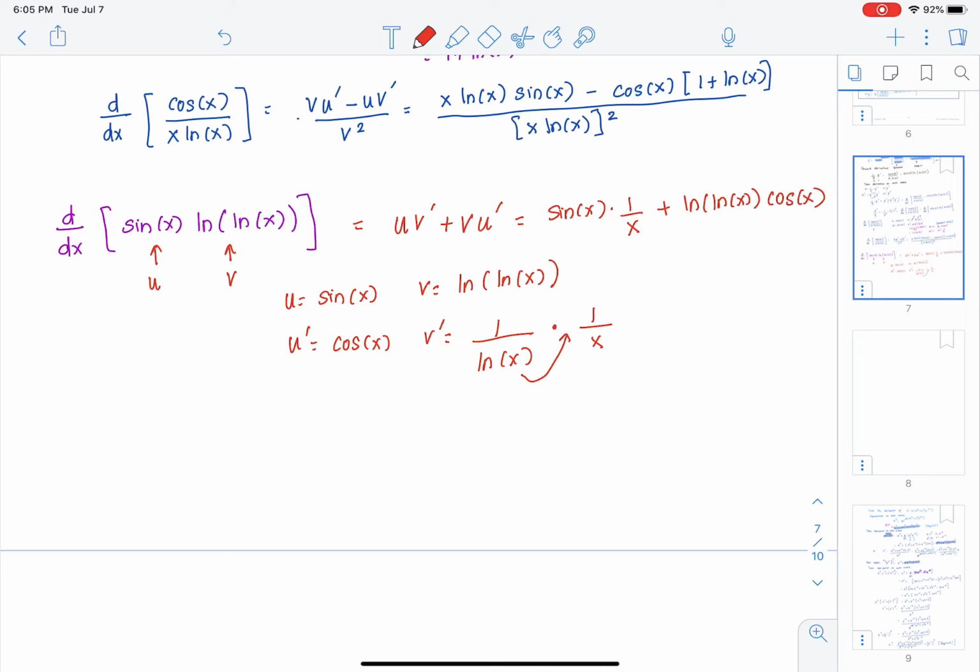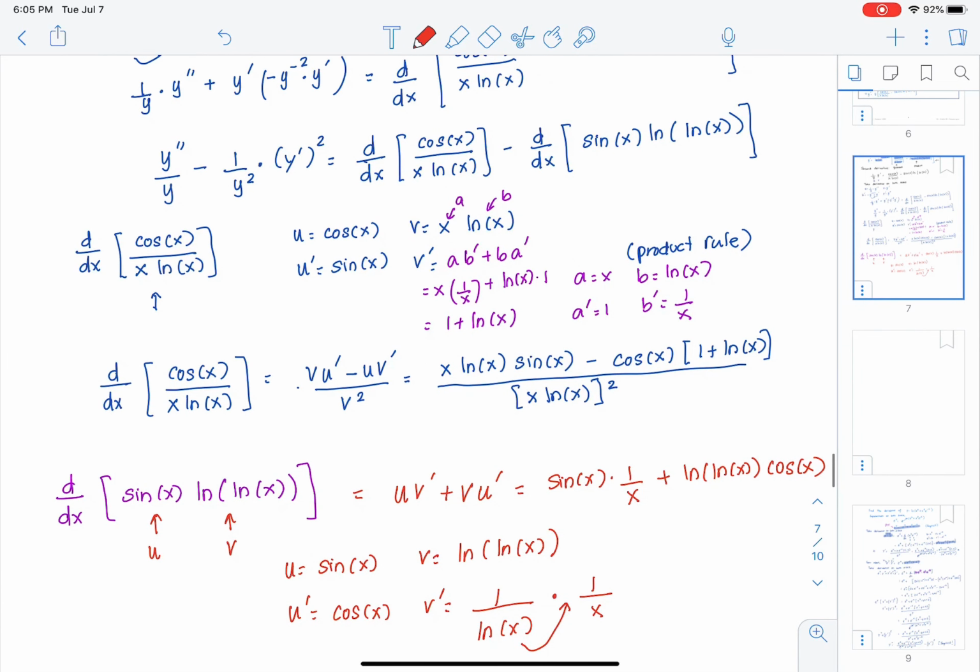Now we have all the terms in order, and we could go ahead and plug it in this huge expression that we have for the second derivative.